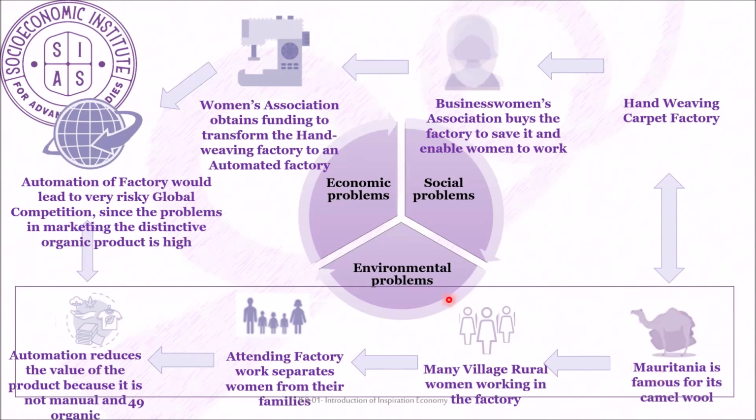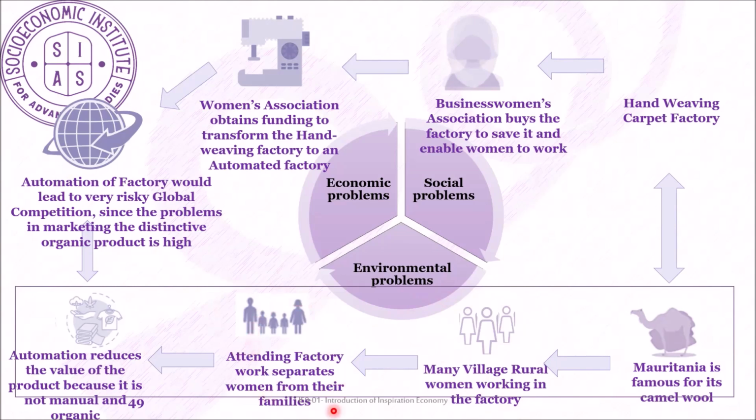Now there are many villages that have women working in the factory, and many women are unemployed in the villages. And many girls are maybe also not going to education, unfortunately. So through this program, we'll ensure that girls go to education because they will be supported by their families. At the same time, they'll also have a skill of how to make a wool carpet, taking it from their parents.